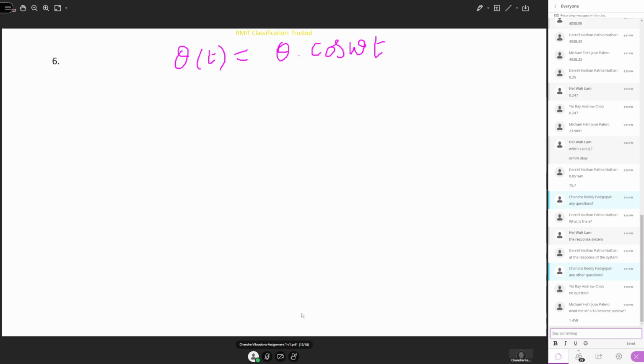You can substitute this into the equation, take the first derivative, the second derivative, and solve for theta.